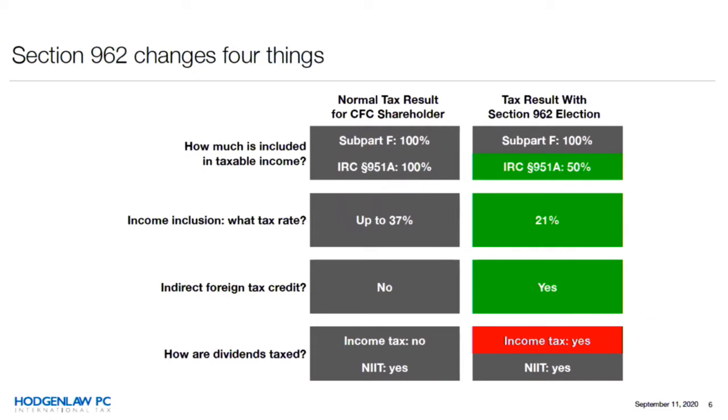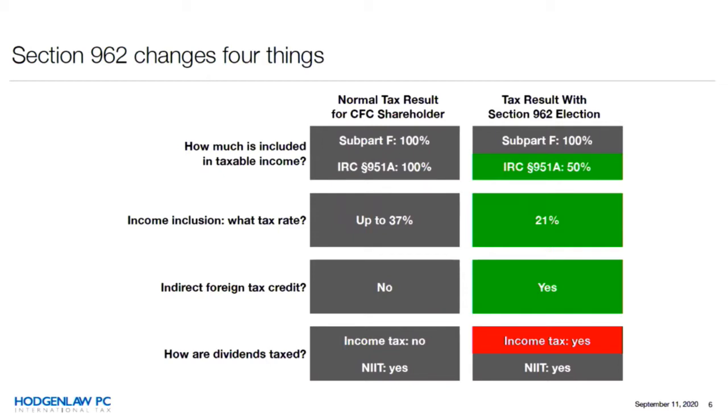The Section 951A income would only be taxed at 50%. Side note, this is Section 250, and we're not going to play acronym soup today, but there's a thing called FDII. When a domestic corporation has foreign income, they're entitled to a 50% deduction, and that's why it would work. 21%, your Delaware C corporation would pay that.